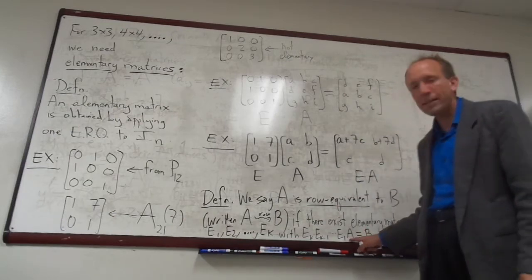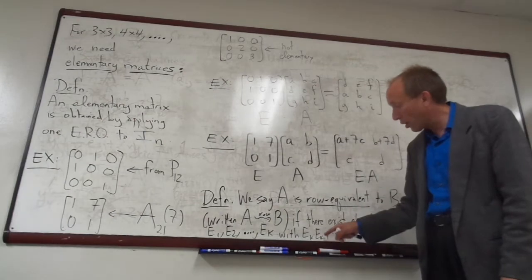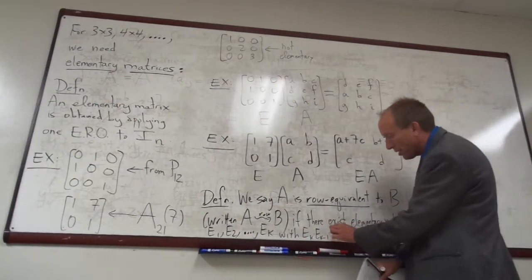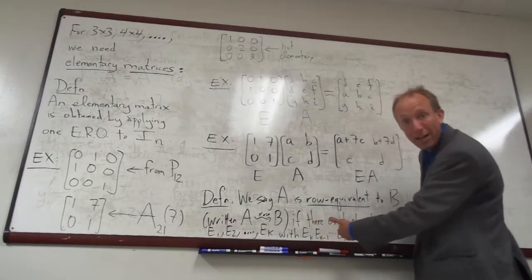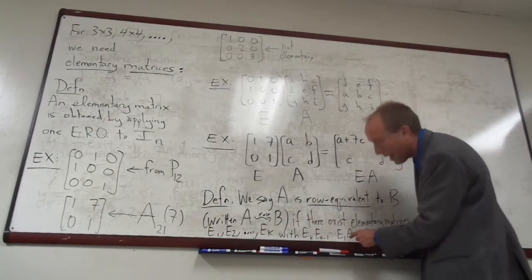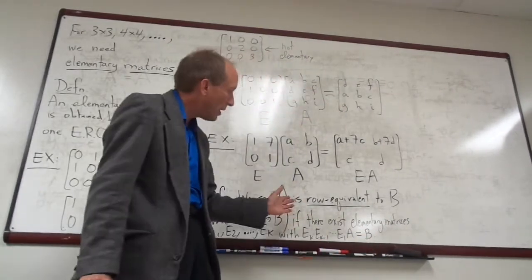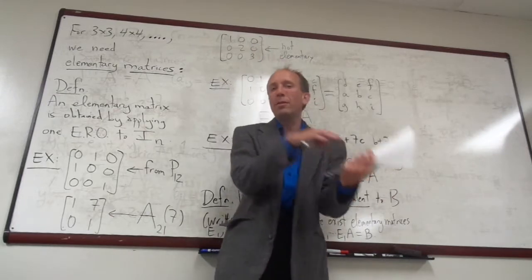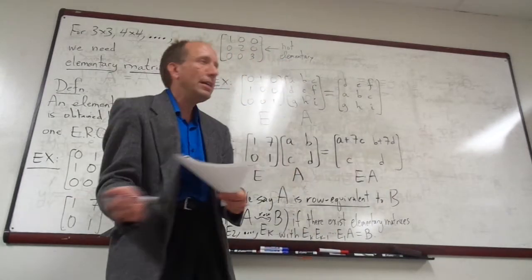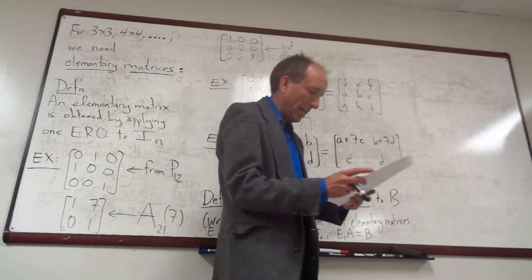All it's saying is that if you start with the matrix A and you do some EROs to it, remember these elementary matrices are just like doing EROs, and you end up with B, then A is row equivalent to B. It just means you can get from one matrix A to B through a sequence of EROs. That's really all it means.